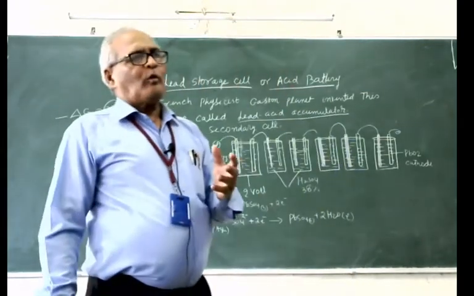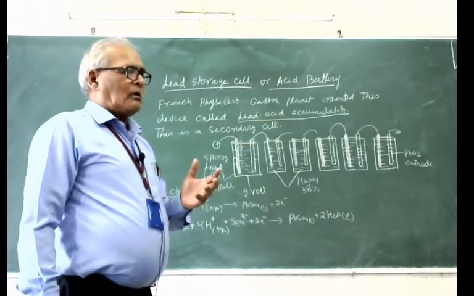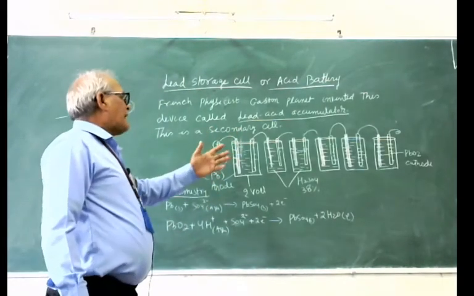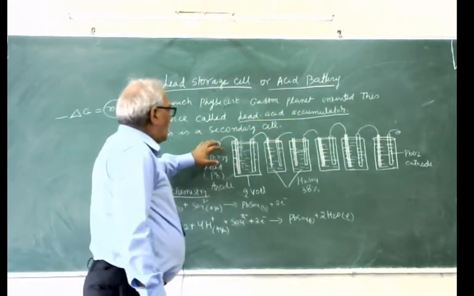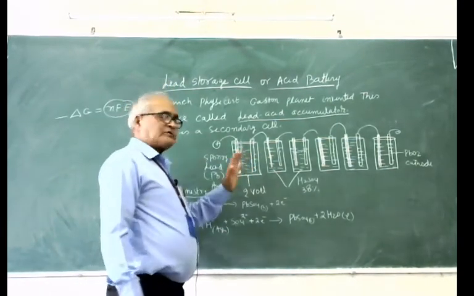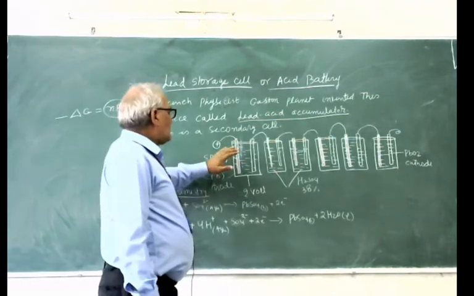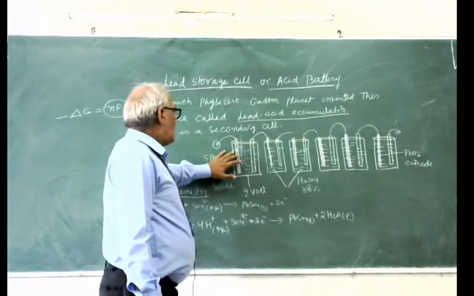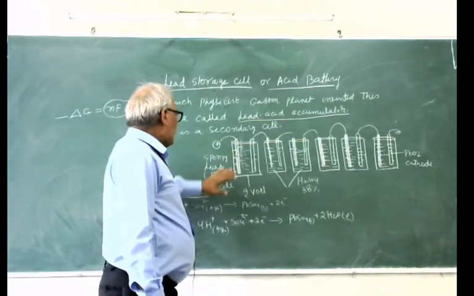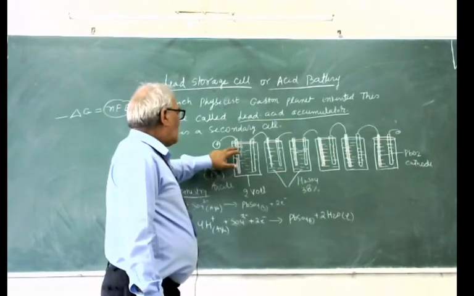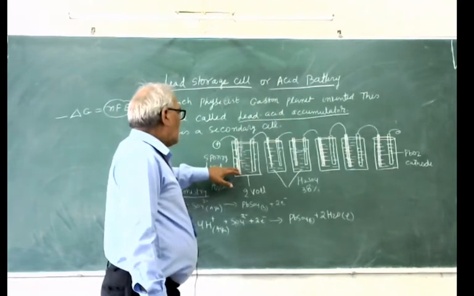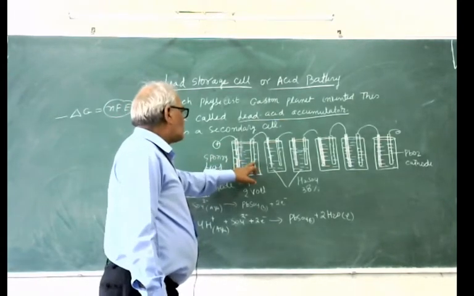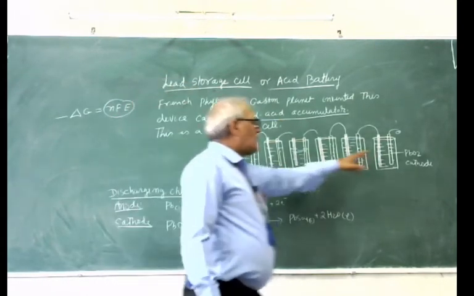So now, how can this battery be prepared? There are 2 electrodes. One is lead, spongy lead, and there is another electrode of lead oxide.